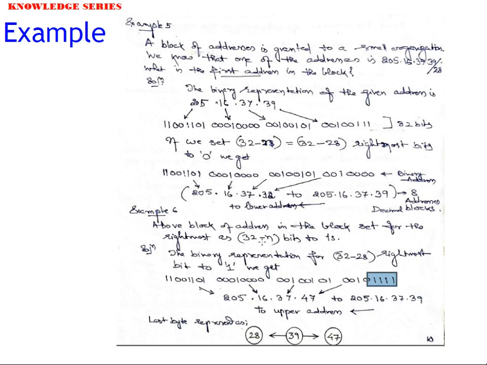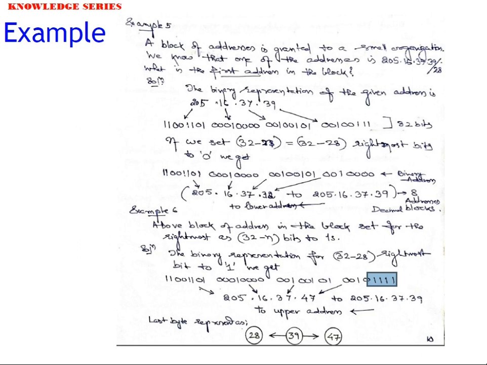This is the important thing you have to keep in mind: the range of the lower IP and the range of the higher IP can be determined by setting the host section bits to zeros and to ones. By setting the host bits to zeros, you get the lower address, and by setting them to ones, you get the upper address.